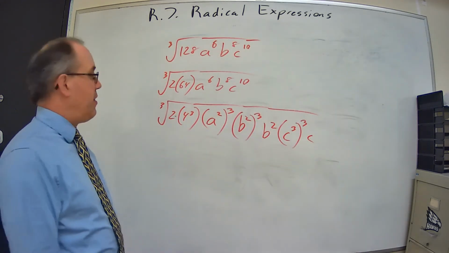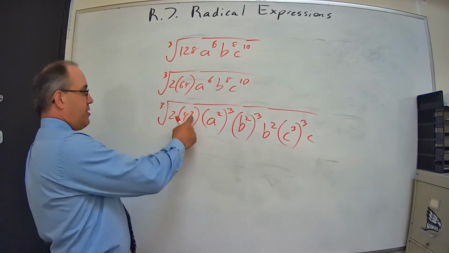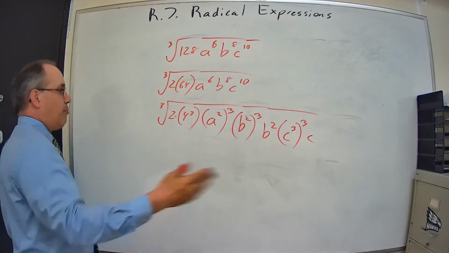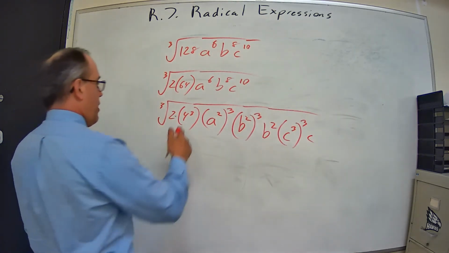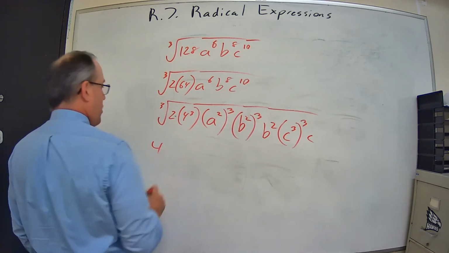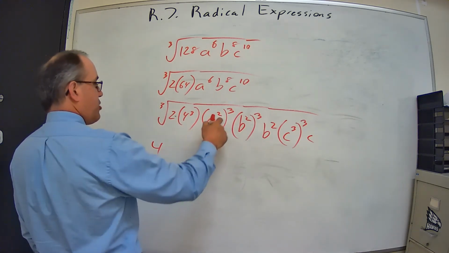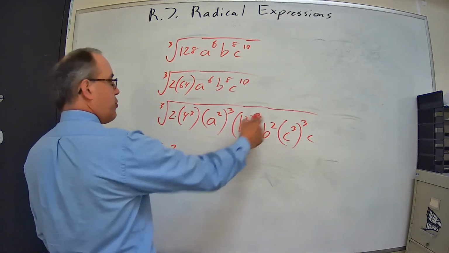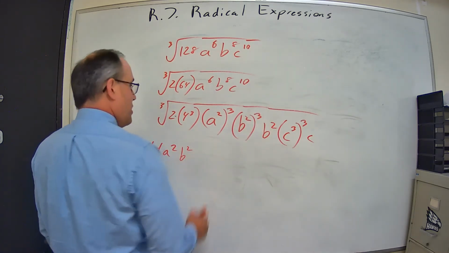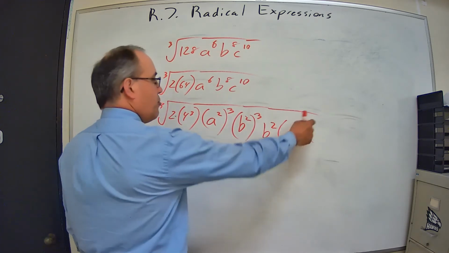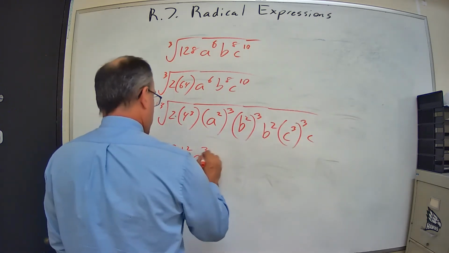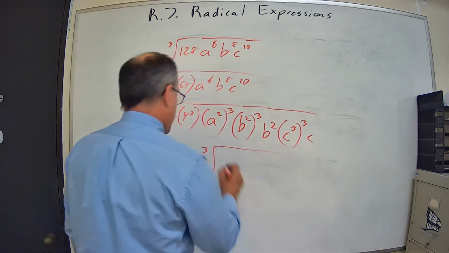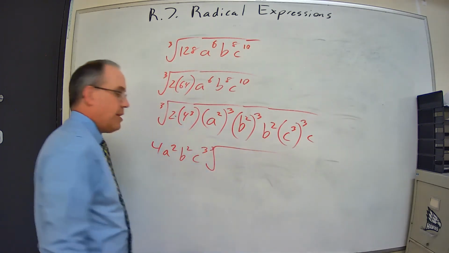So now that I've done that, anything that has a cube for the power, I can cancel and pull out. So I have 4 cubed, so that's 4. I have A squared cubed, A squared, B squared cubed, B squared, C cubed cubed, C, and then anything else remains in my radical.